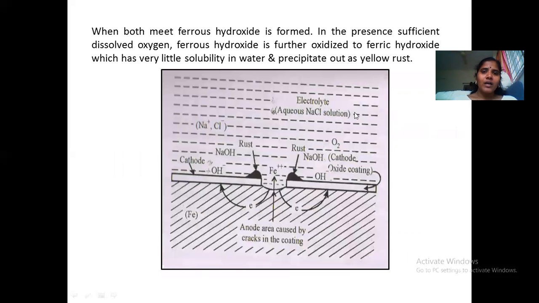In the case of oxygen evolution, sorry, oxygen absorption, there will be a small anode and a larger cathode. The oxygen absorption reaction will be favored whenever the anode is small and the cathode is large.